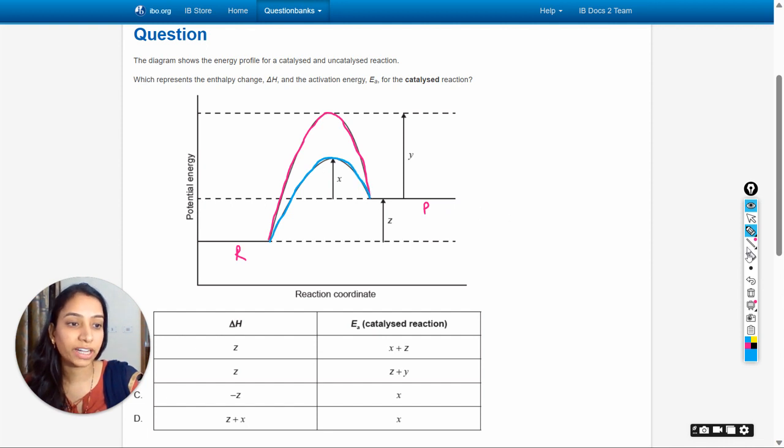has less activation energy. This is the activation energy from the R to the top of this blue graph, and this pink arrow from the reactants to the top of the pink graph shows the activation energy for the R to P reaction.